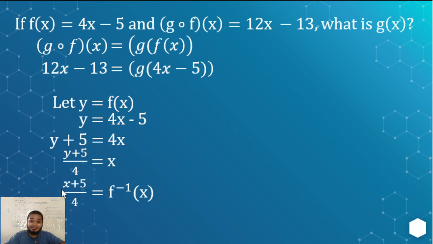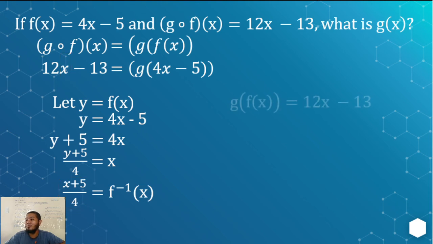As simple as that. Next thing to do is, we're going to substitute the inverse of f of x to the composite function. So whatever the value of the inverse of the function, I'm going to substitute it to that x. Let's proceed.